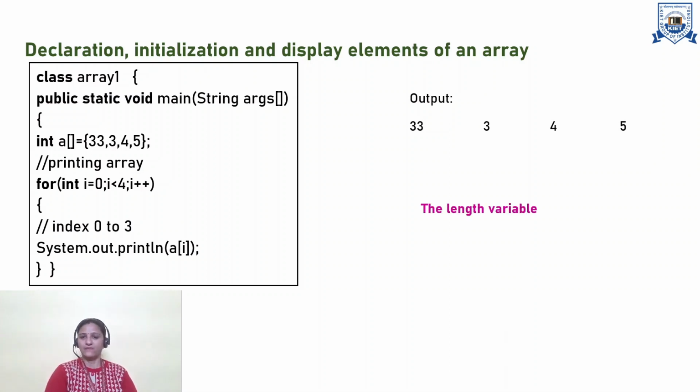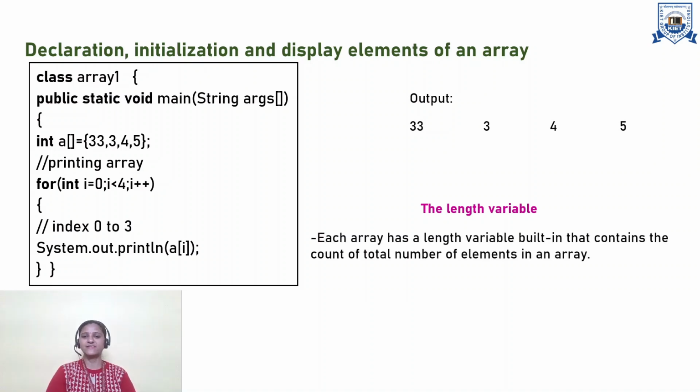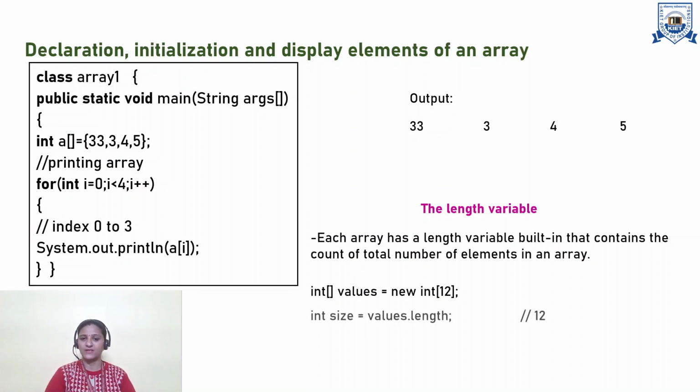The length variable which is associated with this array. Basically, each array has a length variable built in that contains the count of total number of elements in an array. So here we declared an array variable values, the size of which is 12. So we can take with the help of this length variable like this.